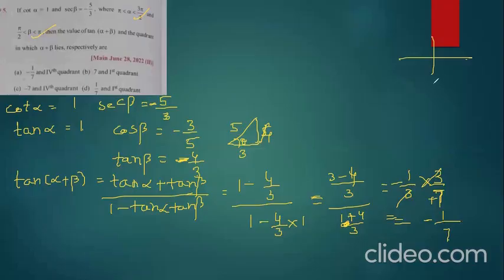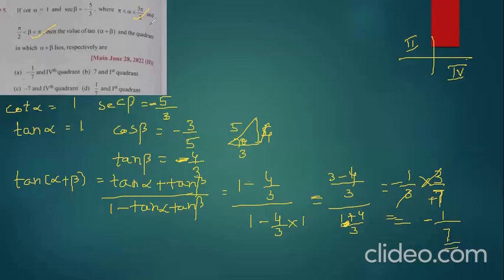Generally, tan is going to be negative in the second quadrant, right? And fourth quadrant. Am I right? First quadrant all positive, and third quadrant tan is positive. Okay. Second and fourth quadrant. Right. But you see here, tan is negative we got.